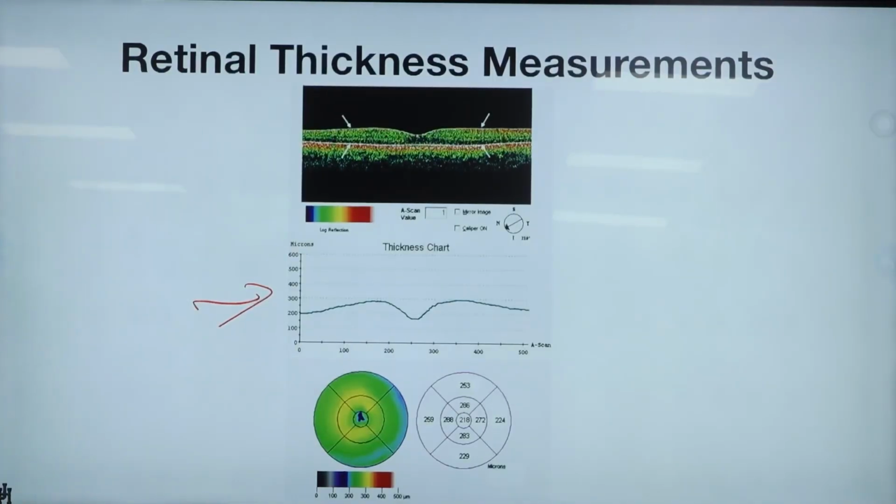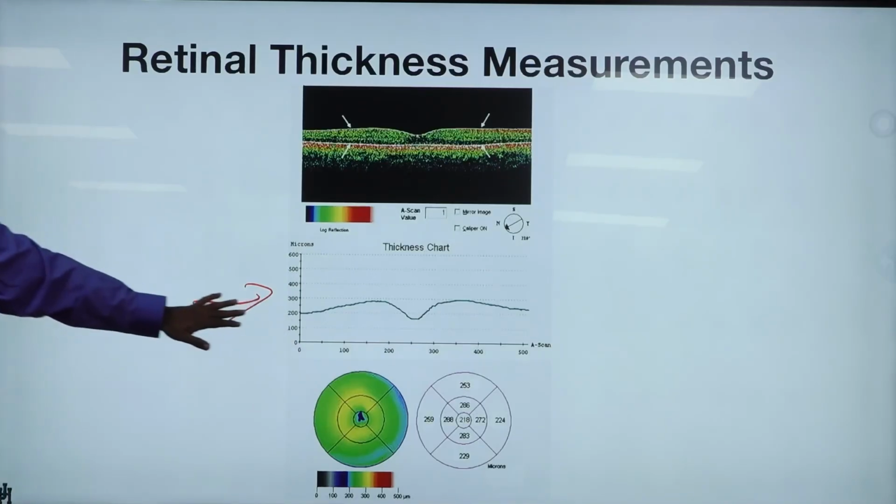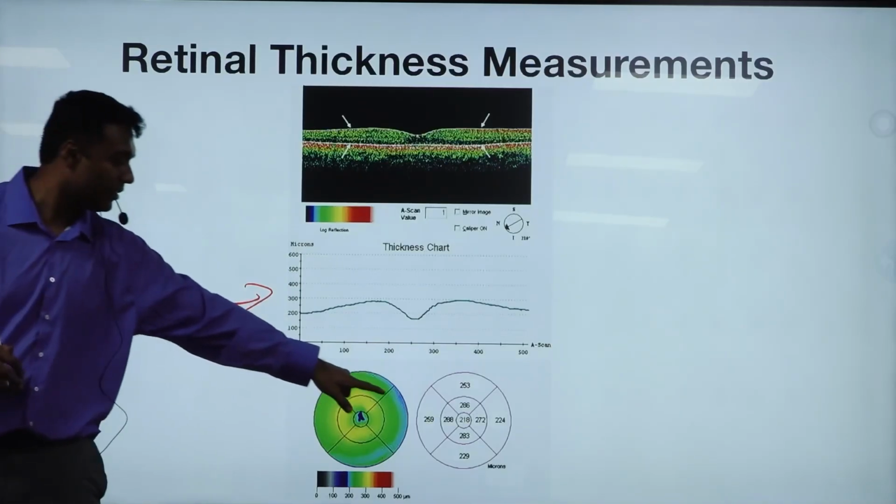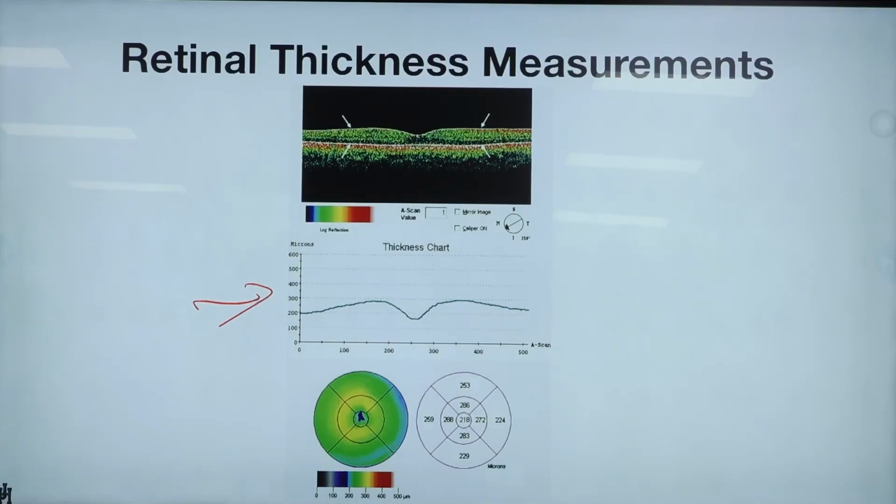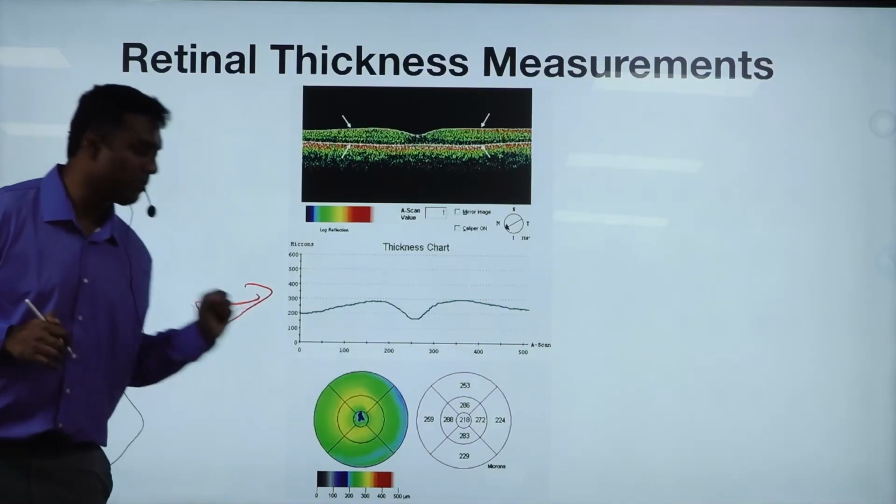You can visualize the profile of thickness of the retina, and the doctor can look at this chart and immediately say, oh, there is a problem here, or there is a problem here. The thickness will become too little, or whatever the disease may be. So this part of the eye is damaged. Whatever exactly has happened, the doctor can take a look at this kind of image plot.